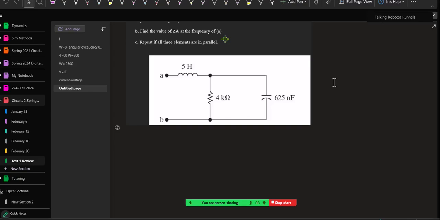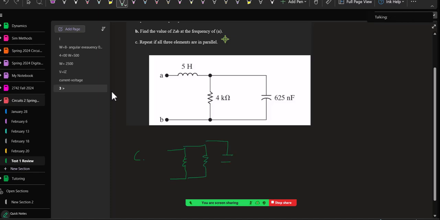Because when I do part C, if all three elements are in parallel, I have 625 nanofarads, 4 kiloohms, and 5 henries. I know that the frequency at which it is purely resistive is the resonant frequency.